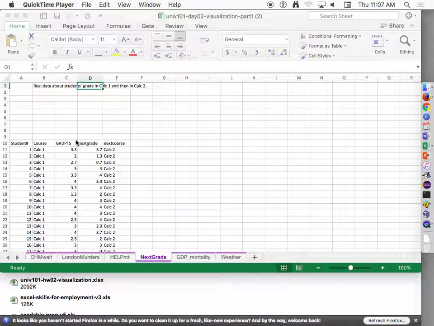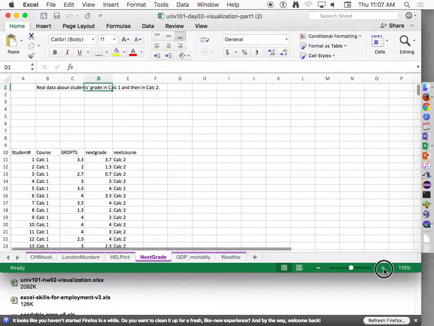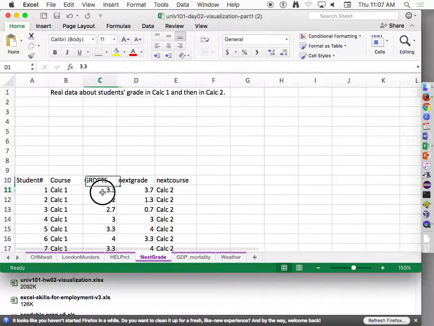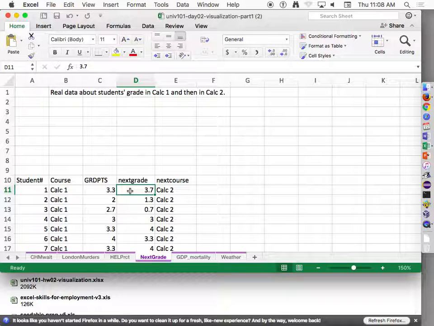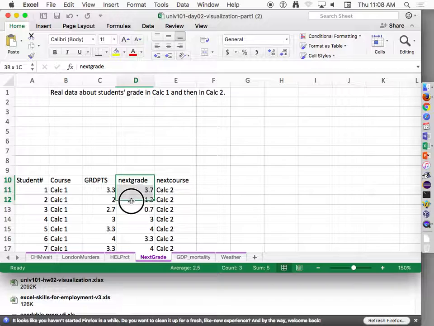This is data about a grade someone got in Calc 1, expressed numerically, and then the grade they got in Calc 2. So you might think, well, how much does success in Calc 1 predict success in Calc 2? So should I plot Calc 1 grade versus Calc 2 grade?